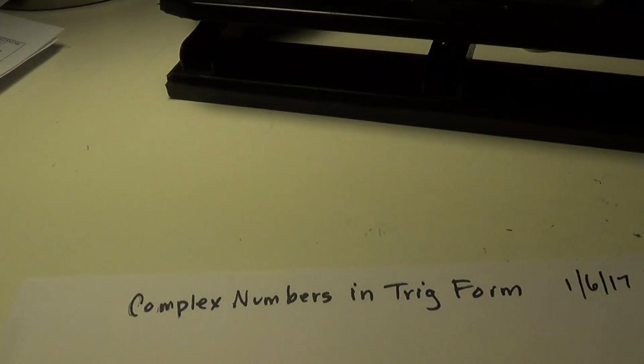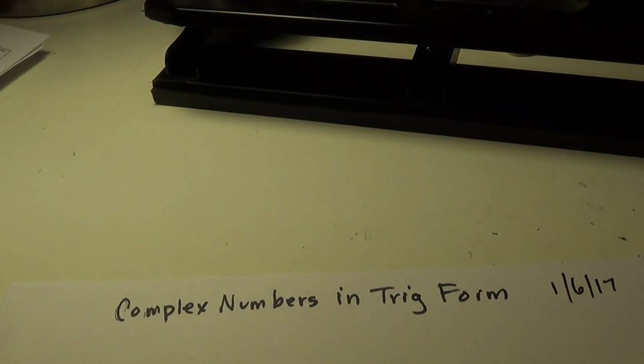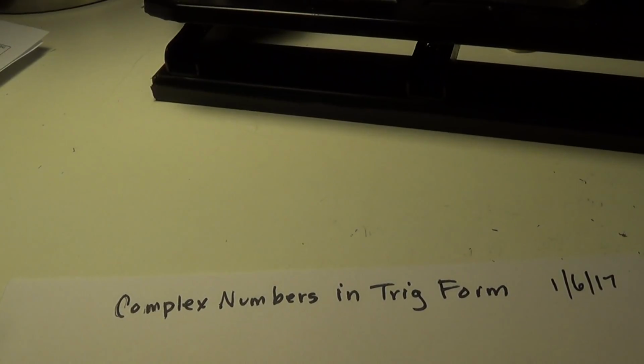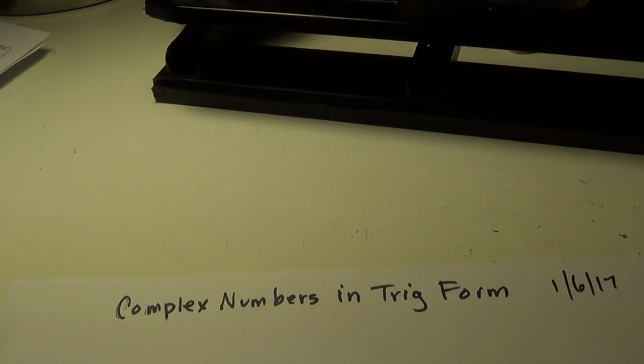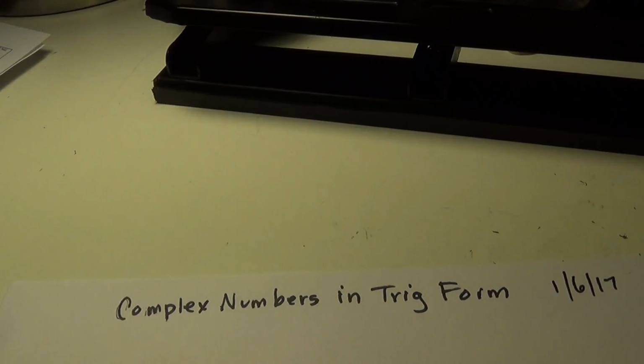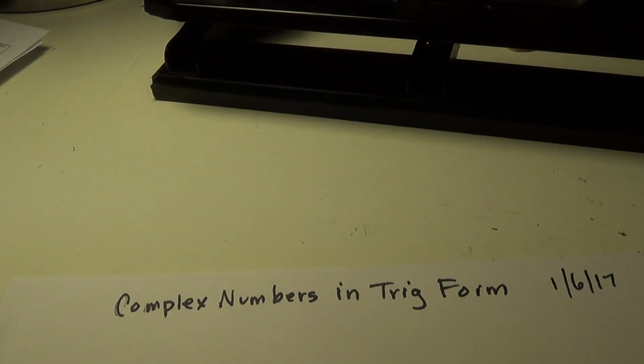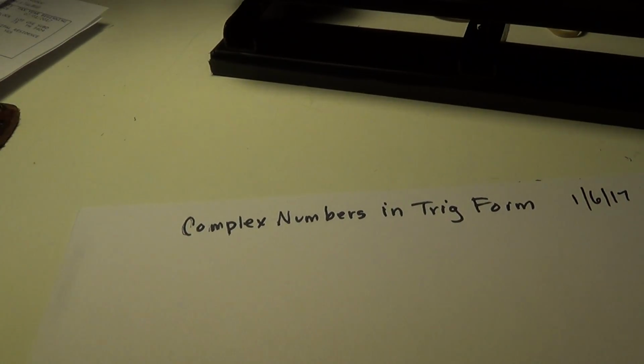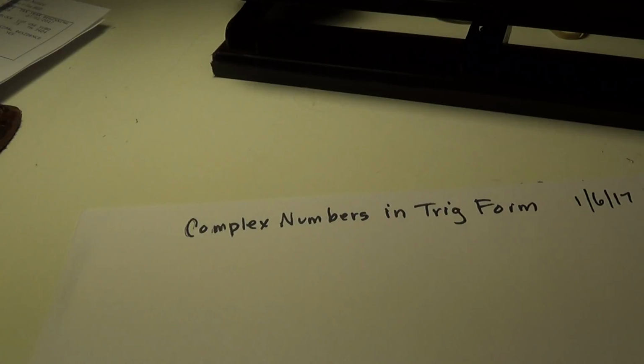The topic is writing complex numbers in trig form, and then we'll pretty much tell you what that is tonight and prepare you for writing complex numbers in trig form, and then we'll learn how to multiply, divide, and raise them to powers and square root, and then we'll sadly be finished. We're not going to do all that tonight, but we will in the next day or two complete those topics and be done with trig.